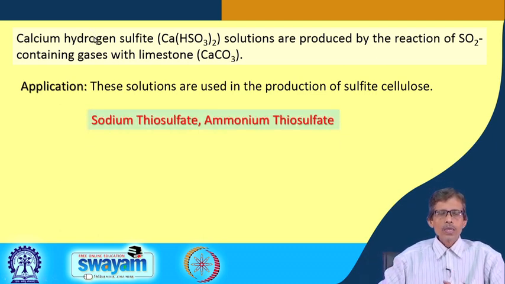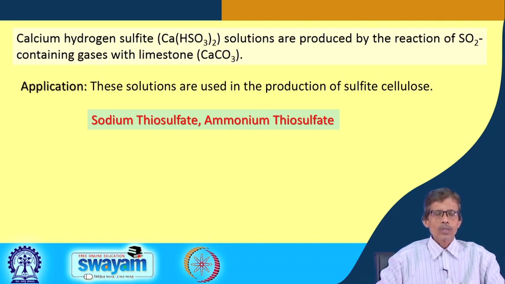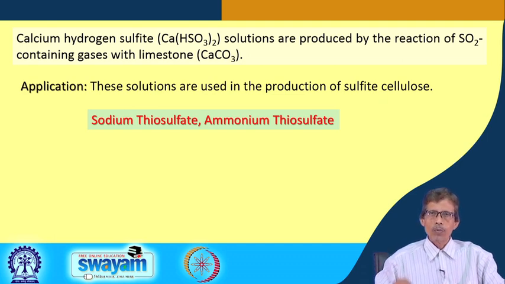Now, we will move slowly to what we just now told you, that how you make Na2S2O3 or its ammonium version or the ammonium salt. That means, you have to make thiosulfate, which is very useful from analytical point of view, which is useful also industrially. Large amounts of sodium thiosulfate or ammonium thiosulfate are produced industrially and there is a huge demand.